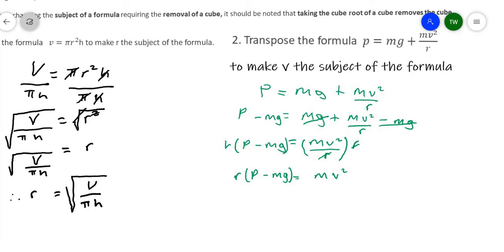Right? Now, when you look at what is happening to the v square here, v square is being multiplied by m, which means that we need to transfer this m to the other side by doing the opposite, which is to divide both sides by m.